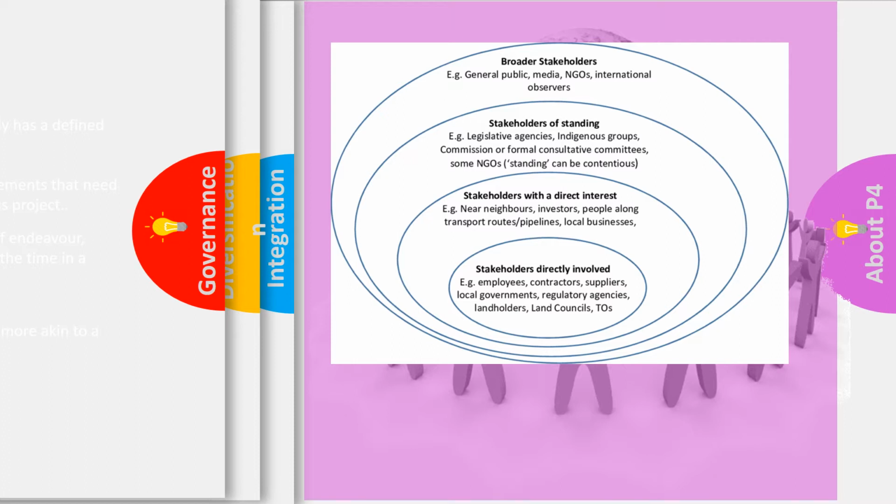You need to include the people who are going to be working there, contractors, suppliers, and any local government in terms of regulations, in terms of changes, in terms of building changes. So again, you need to detail and justify who those stakeholders are: stakeholders with a direct interest, stakeholders of standing, legislative agencies, indigenous groups, and broader stakeholders.